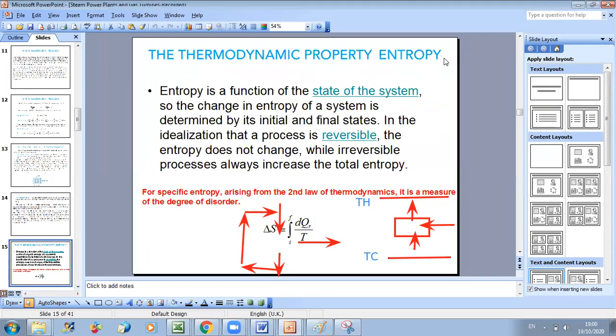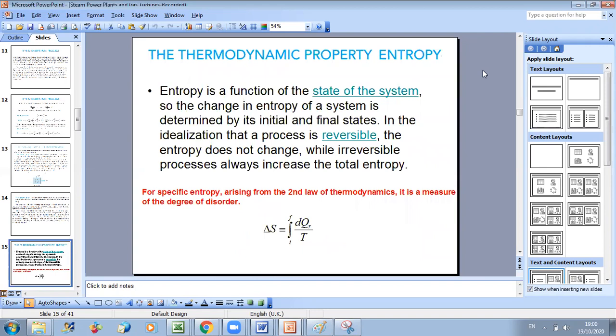So from these observations done by these two researchers, we can define another thermodynamic property, entropy, which is a function of the state of the system. So the change in entropy of a system is determined by its initial and final state.